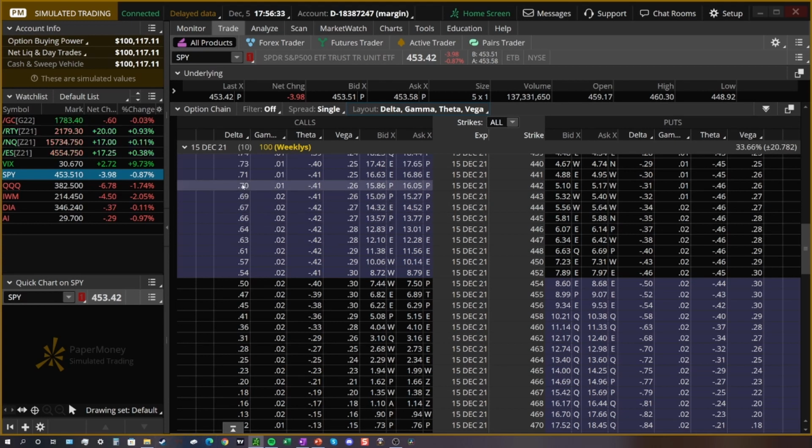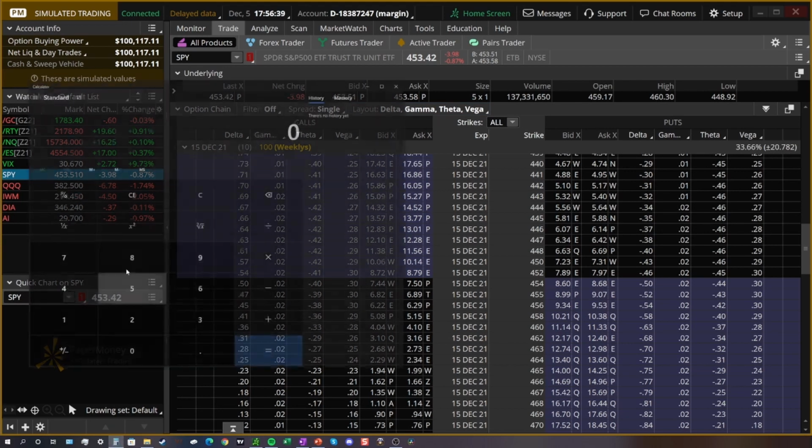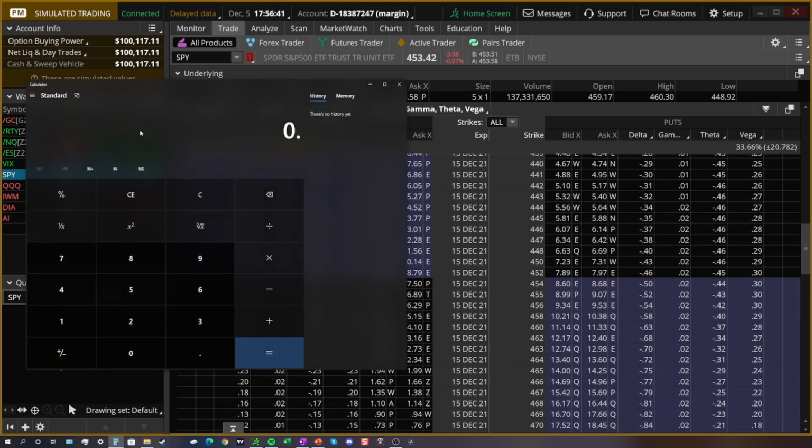So if I just took 70 cents and, let's say, divided by 16. Open up the calculator real quick. 0.7 divided by 16. So that delta makes up 4% of that option's price, right?